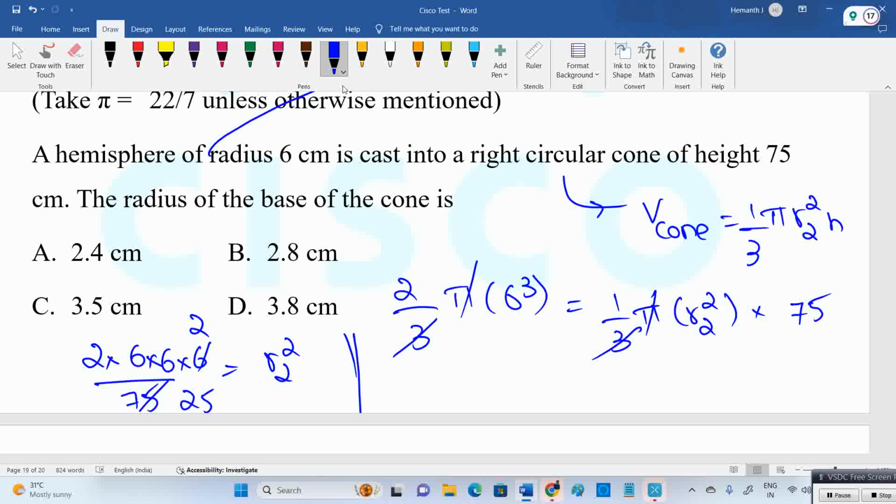What did you get? We need to do squaring anyhow, right? So 16 into 2 divided by 5, 12 divided by 5. We have to do the square root on both sides. Option A. Fine, 75 is correct. We can go with 75.